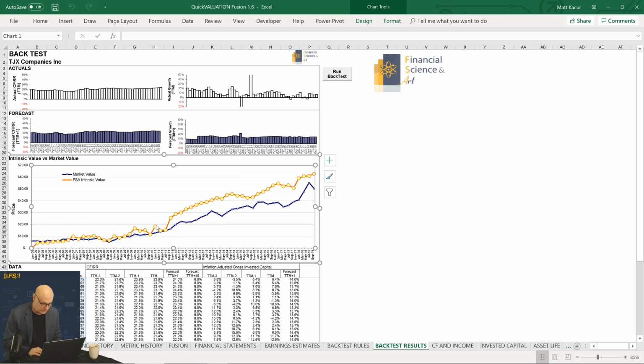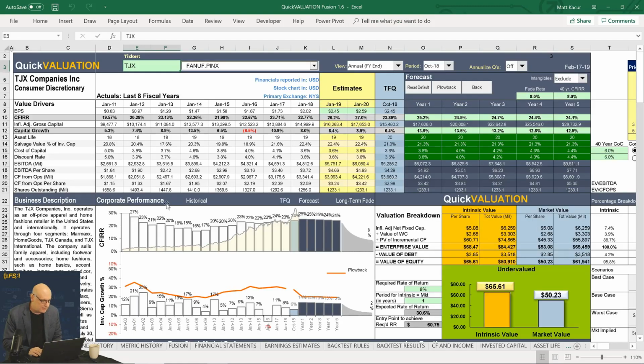So I think this is a good one. We were saying for many periods here that it was undervalued, and it was going up in our valuation every quarter as well, and the stock was doing the same, but we were always saying it was undervalued. So this is TJX or TJ Maxx, TJX companies, and we've liked this for a long time. It's been in our recommendations forever, and you can see why. It's a great company, and the back test looks good, and it still looks good, so there's a good example.